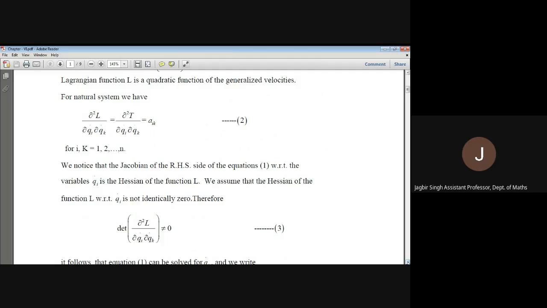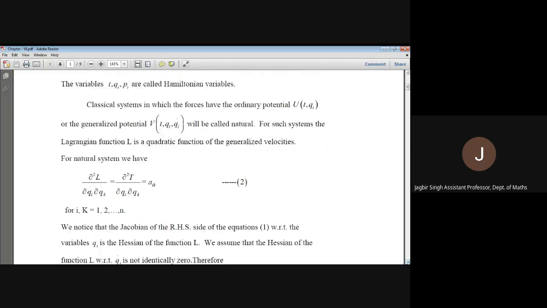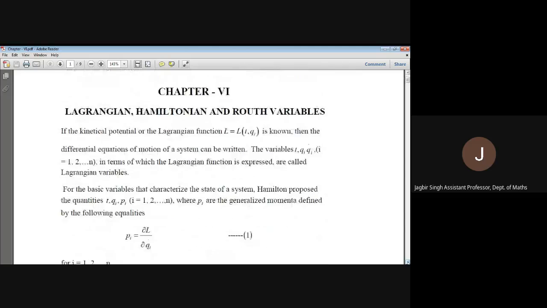When we are dealing with first partial derivatives, then it is termed as Jacobian, and when we are dealing with the second order partial derivatives, then it is known as the Hessian. Okay, so Lagrange was having some components T, Qi, Qi dots.